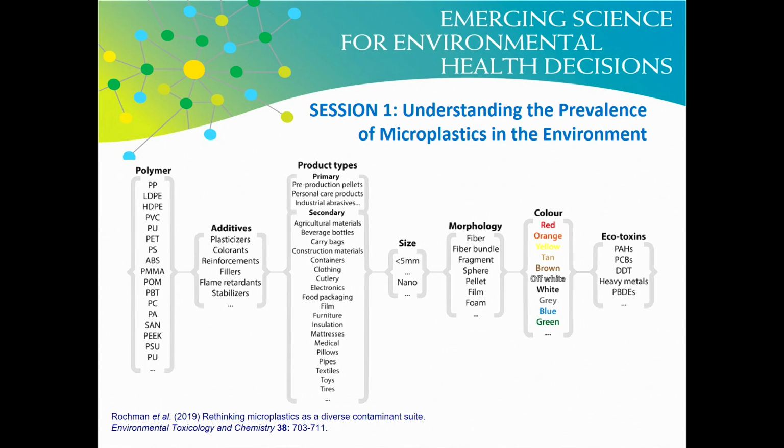And this is illustrated in a figure from a review from Chelsea Rochman, but also in the slide that Kara showed. There are many different polymers, different additives, different sizes, morphologies, and associated contaminants. So it's a major challenge to try to measure the amounts and the characteristics of these materials in the environment.